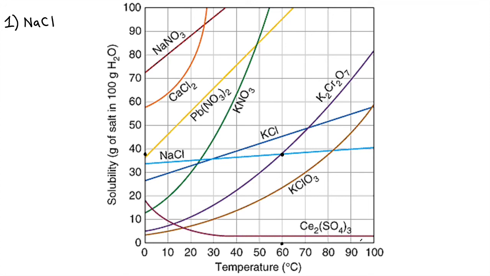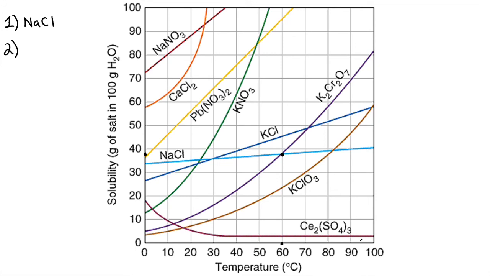Number 2, I have, if 50 grams of potassium chloride are dissolved in 100 grams of water at 80 degrees Celsius, is the solution saturated, unsaturated, or supersaturated? So let's plot the points and see where it lands. I have 50 and 80, 50 grams.